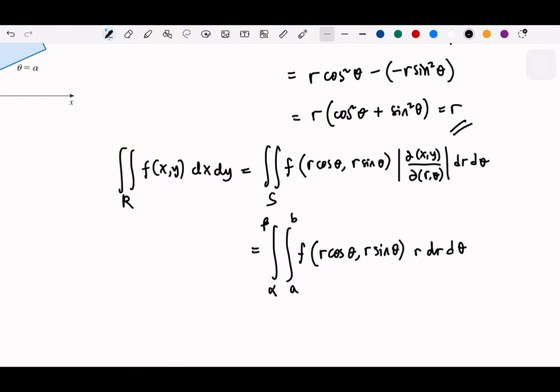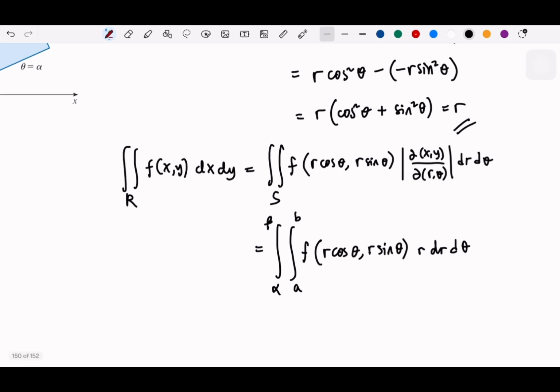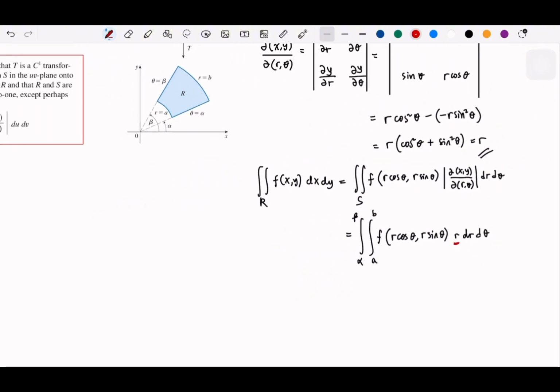The same thing that we did in the double integral in polar, if you remember. So that's why this r comes around. We can also prove it with the Jacobian value. So this is the Jacobian for the polar.